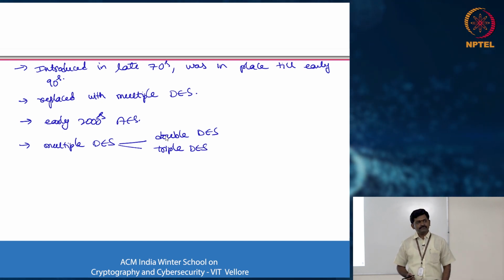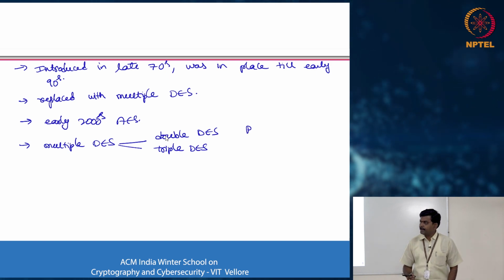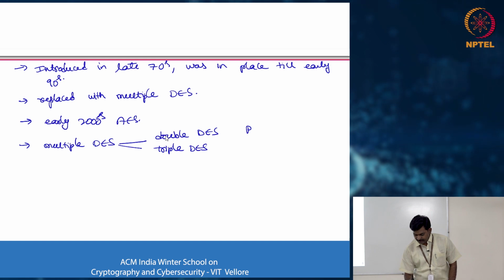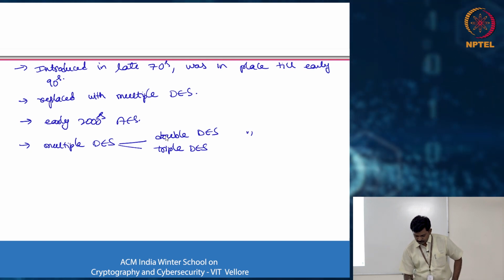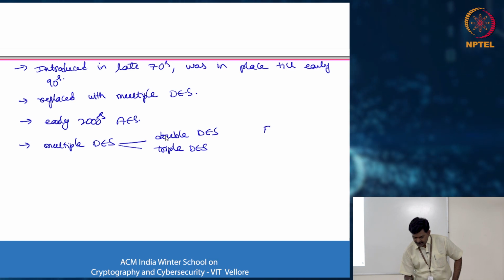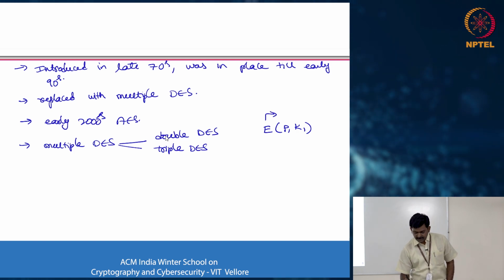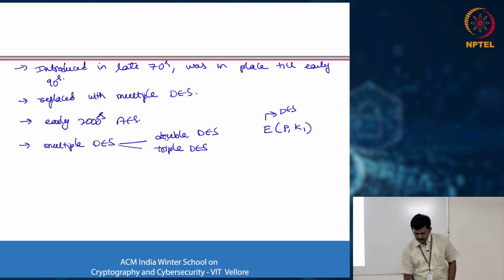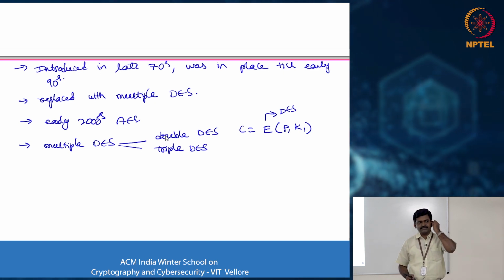That means what you do? You take the plain text P, then encrypt with the help of DES. When I say E over P comma K1, what is this E? DES algorithm. Whole DES. That is the ciphertext.